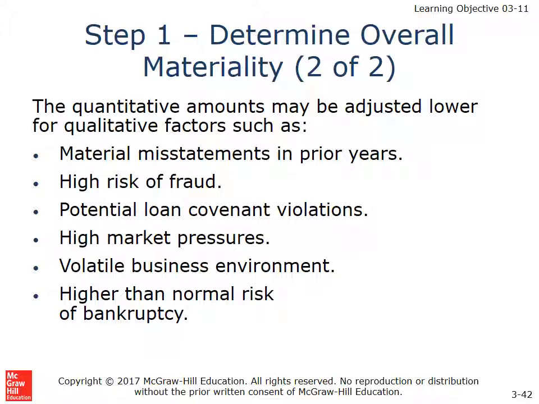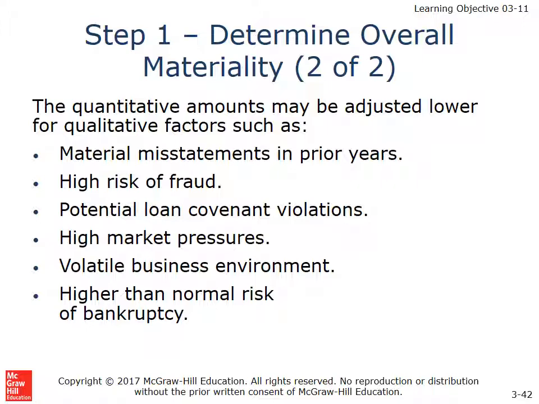Is there a lot of market pressure for them to do well? Is the business environment very volatile? Is there a higher than normal risk of bankruptcy? So we're asking ourselves these questions as an auditor and saying, okay, normally we take about 5% of the net operations income. But if these kind of things are present or something else that makes you feel your materiality level should be lower, then it should be lowered.